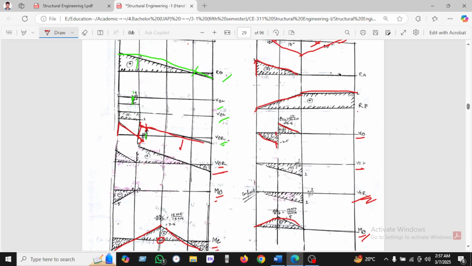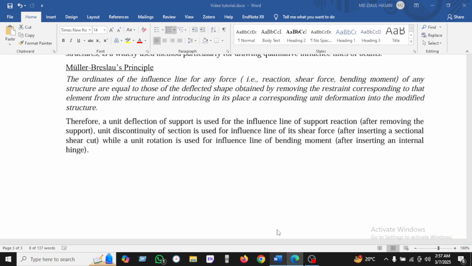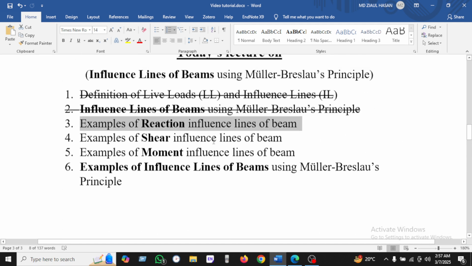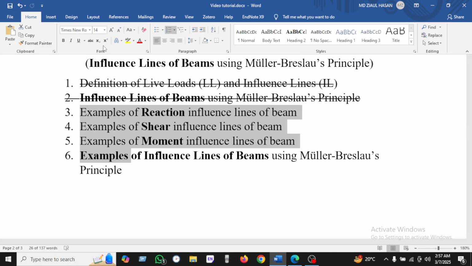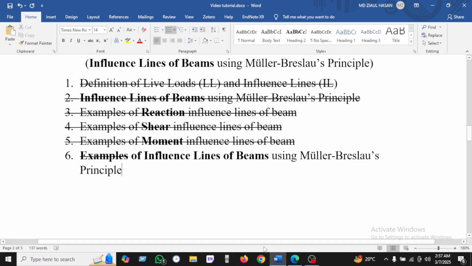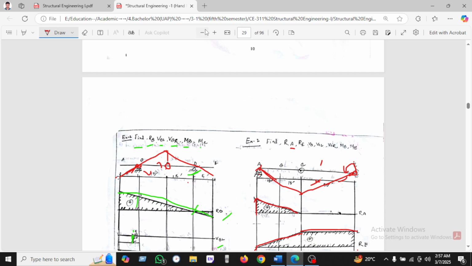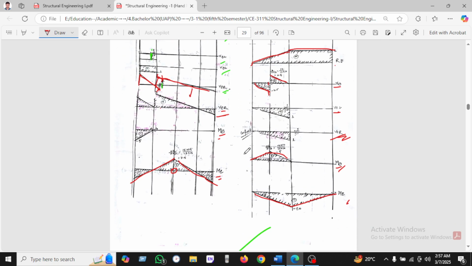So I think the lecture also covered reaction, shear, moment and influence line of the beam, Müller-Breslau. So if you have any question, then let me know. I'm trying to answer your question.